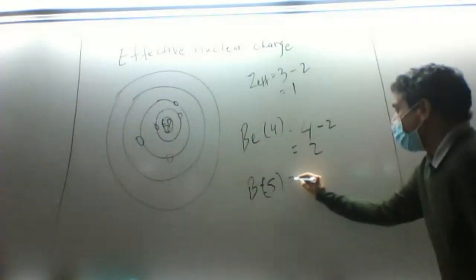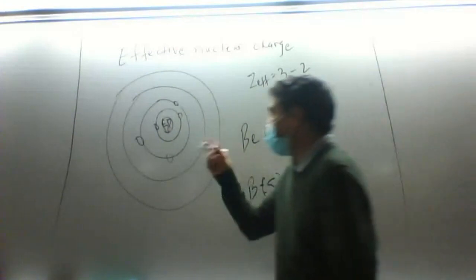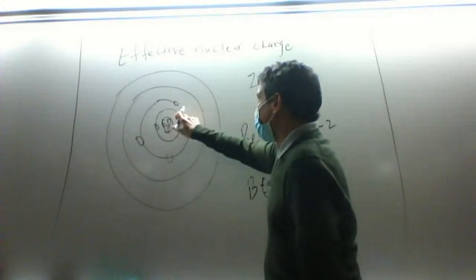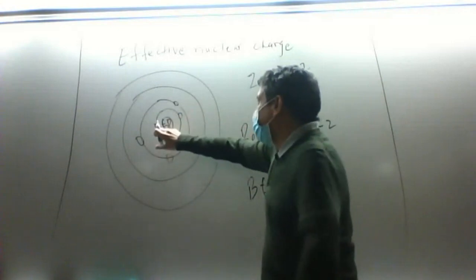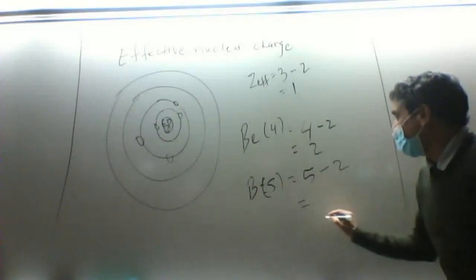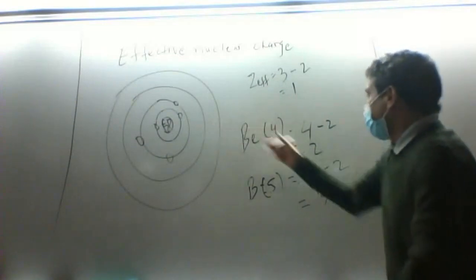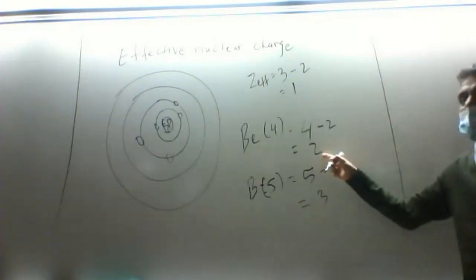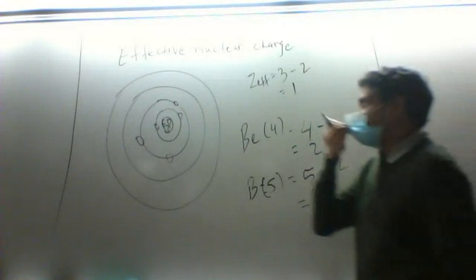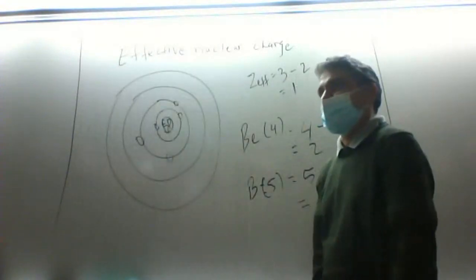So we have 5 protons, but 2 of those are neutralized, meaning the force is diluted by these 2 electrons. So the effective charge is 3. So you see that in beryllium, the outermost electron experiences about 2 units of force, right? But in boron, the outer electron experiences 3 units of force. So it's attracted much more toward the nucleus.